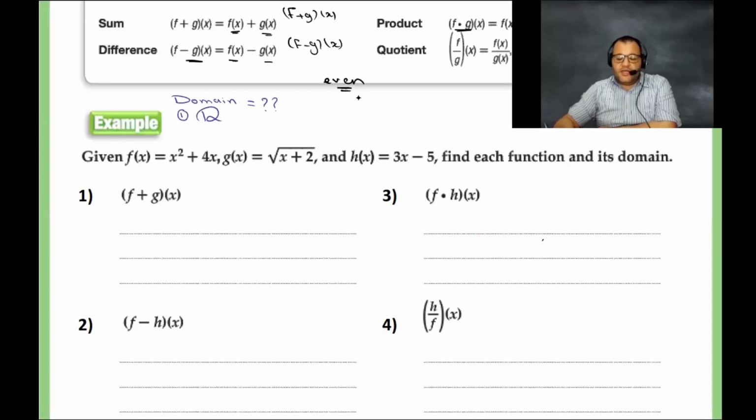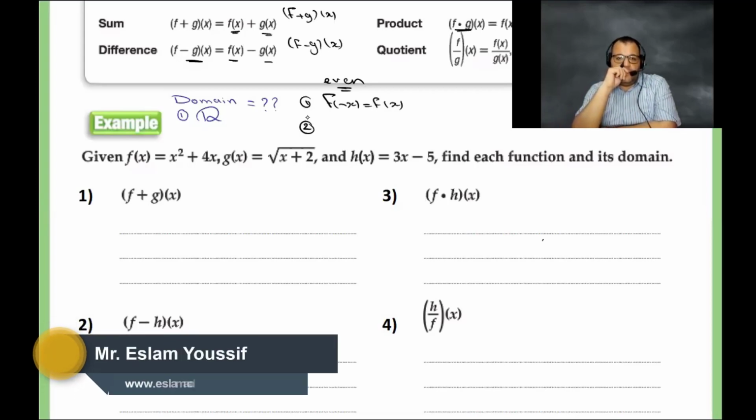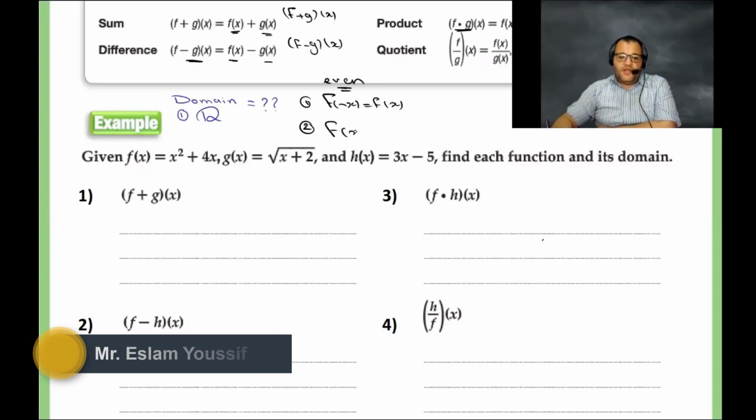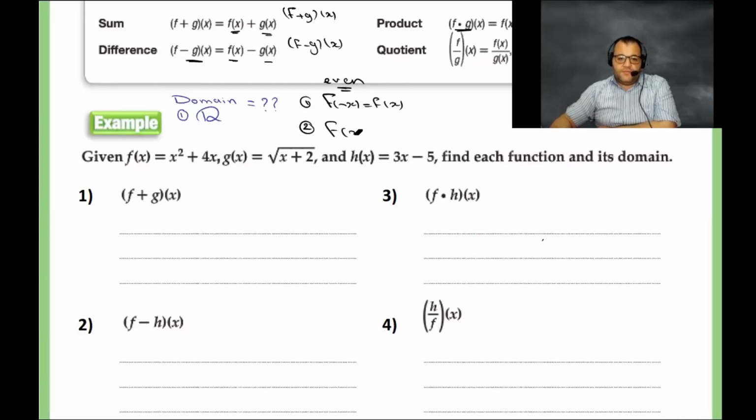I need the mathematical expression, not the verbal one. f of negative x equals f of x. That's the first definition. The second one: f of negative x equals negative f of x. That gives a negative f of x, which is odd.